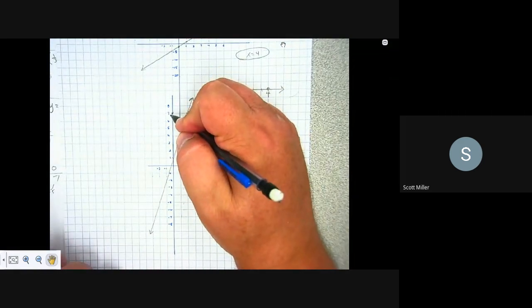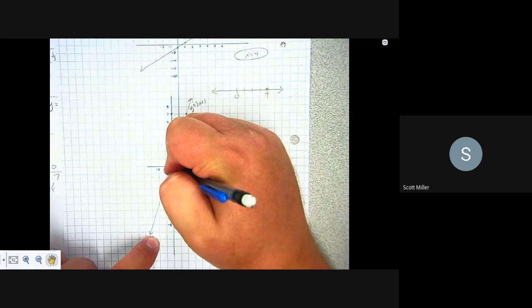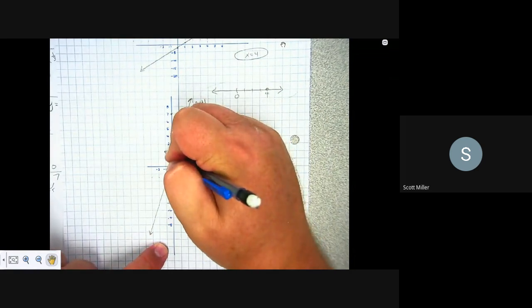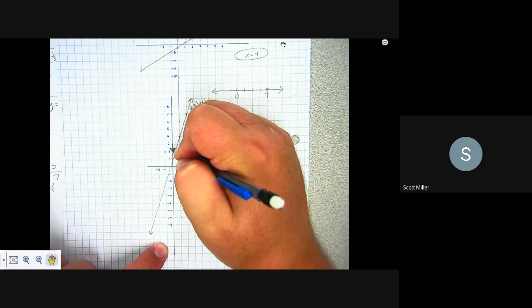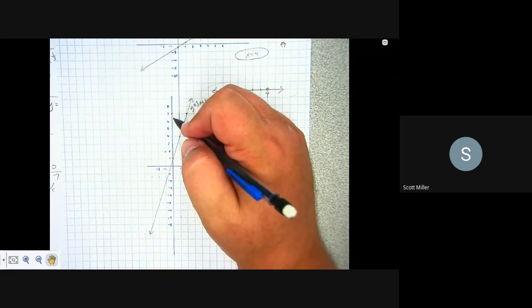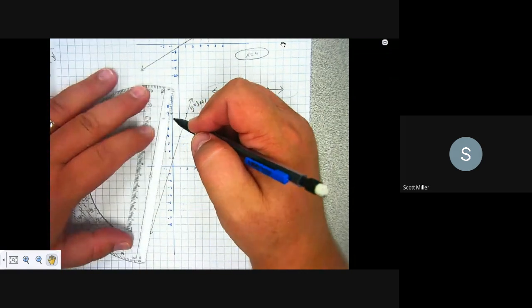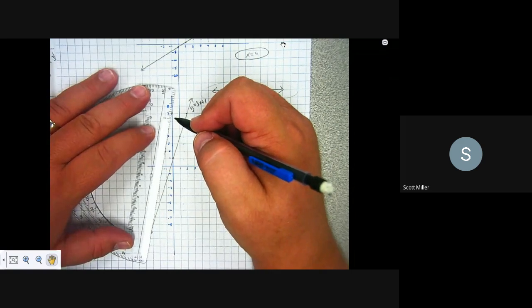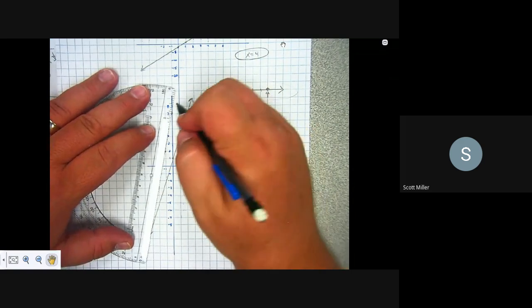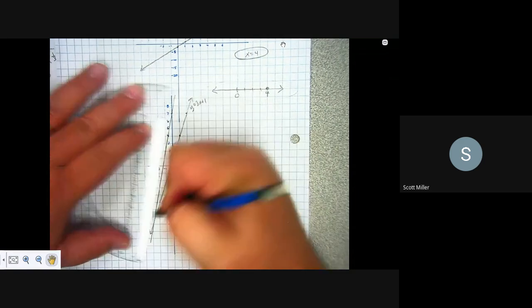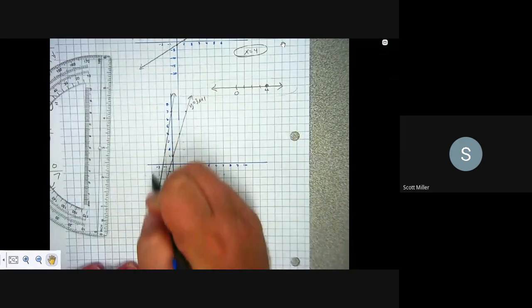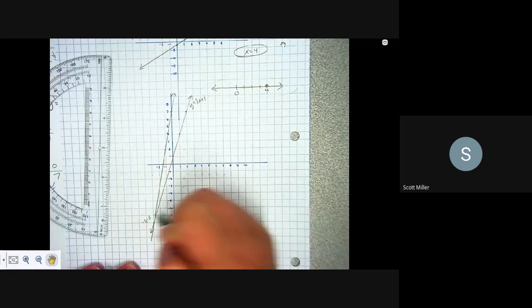So let's graph one of these other ones I did. How about negative 1, 2. And if I connect those dots, you will see that they are going to cross right down here at negative 3, negative 8.